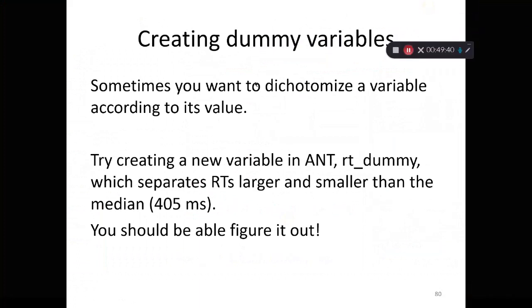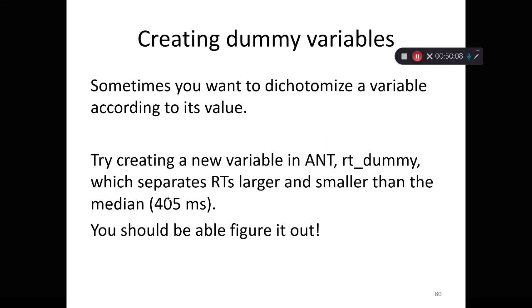Now, creating dummy variables, so dichotomous variables from a continuous variable, is just the same, except that you need only 3 breakpoints: minus infinite, the cutting point, and infinite. For example, try creating a new variable in the ANT dataset called RT_dummy, which separates reaction times that are larger and smaller than the median, which is about 405 milliseconds.